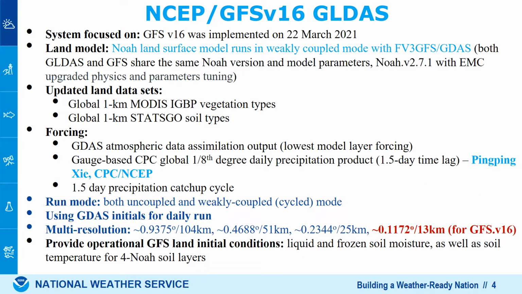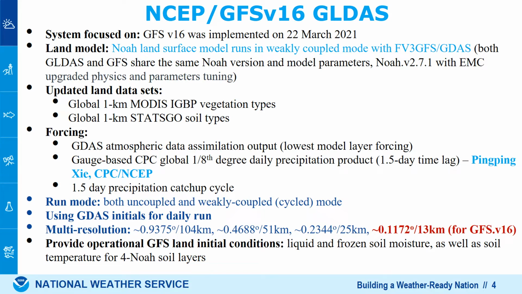This slide introduces the NCEP GFS V16 Geodata system. The Geodatas run the Noah land surface model in weakly coupled mode. Geodatas use updated land dataset for the vegetation type and soil type. They use the GDAS atmospheric forcing and gauge-based CPC daily precipitation product.